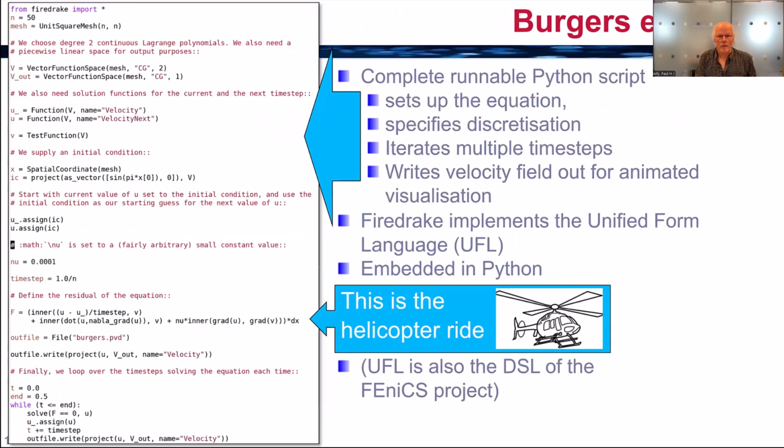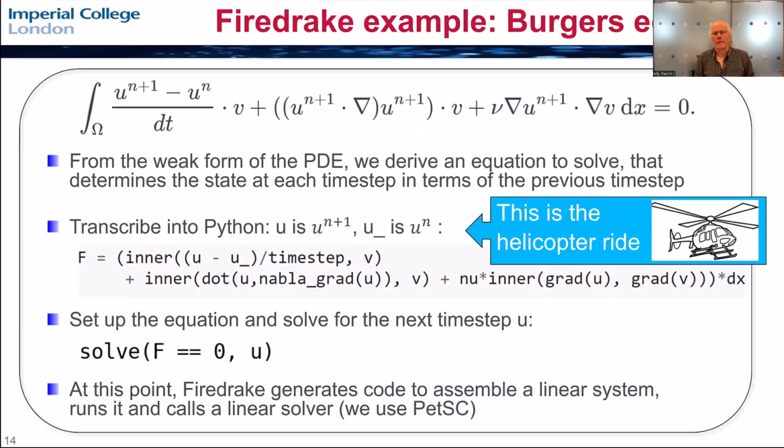So as an ecosystem, let me show you what this thing actually does. On the top here, this is a test problem of the Burgers equation, a test fluid dynamics problem. And this is a step in the mathematical derivation. What we have here is the equation that needs to be solved to discover the next time step, un+1, from the current time step. And what we're going to do is assemble a linear system and then use a linear solver to solve it.